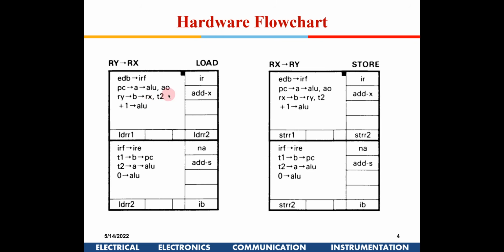Simultaneously, we are putting the data into T2 also. I'll tell you why in the next step. And also from the program counter, we are assuming that in the previous instruction the program counter was updated.